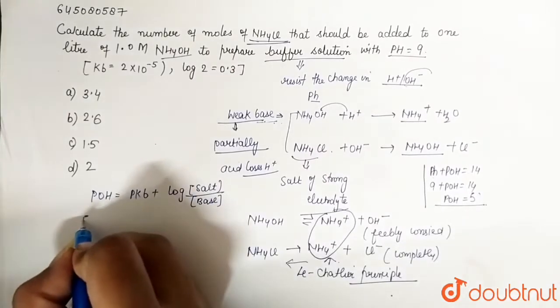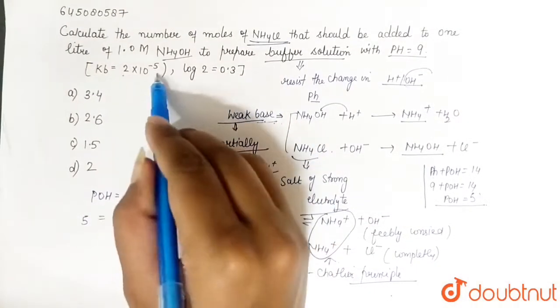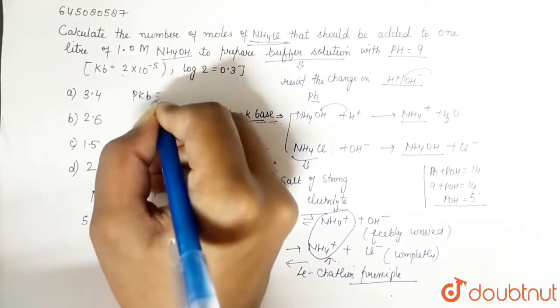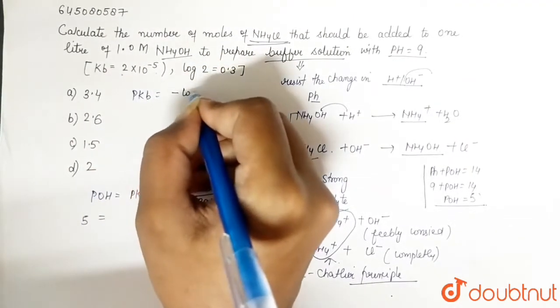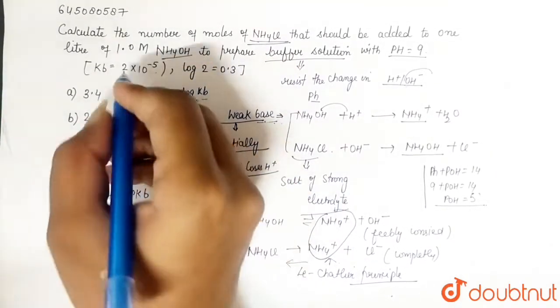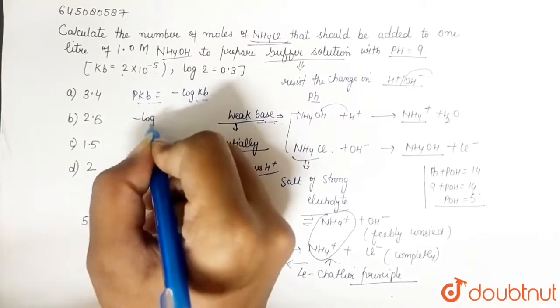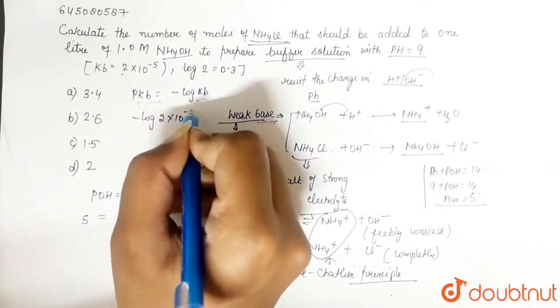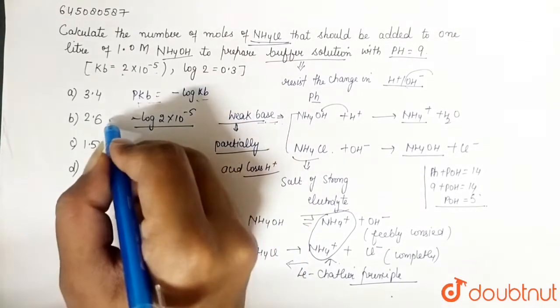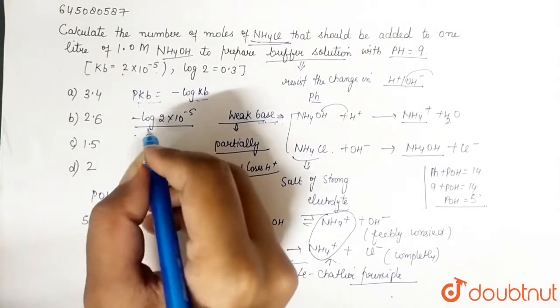Now let's put it over here. The value of Kb is given. Now we have to change it. So pKb is equal to minus log Kb. So we have to put minus log of 2 into 10 to the power minus 5. So this is your pKb. Now solve this.